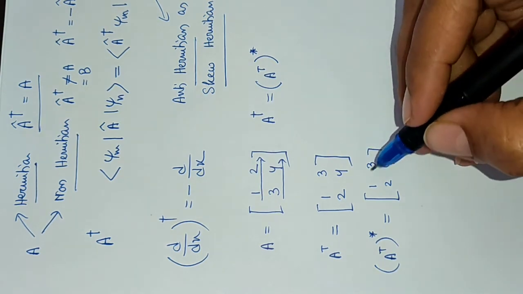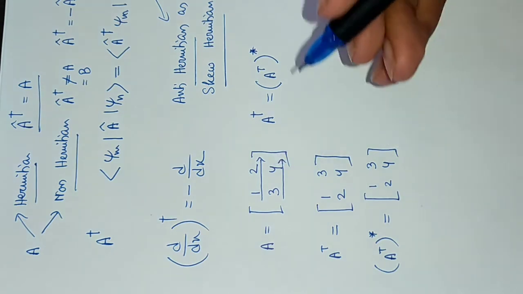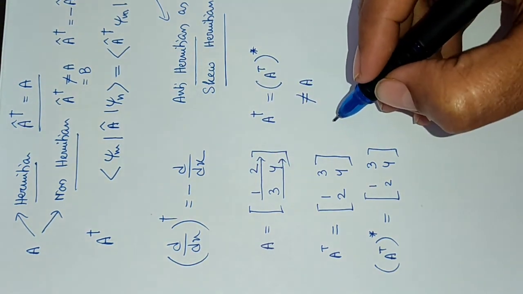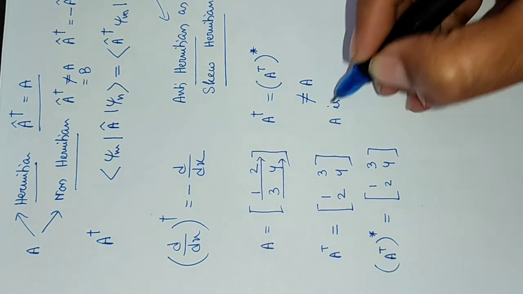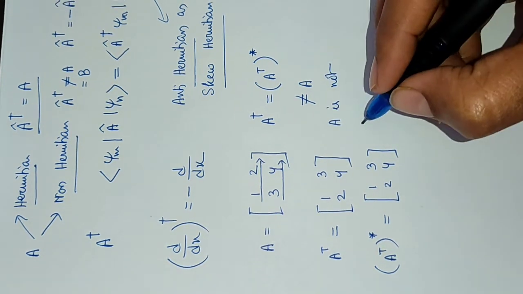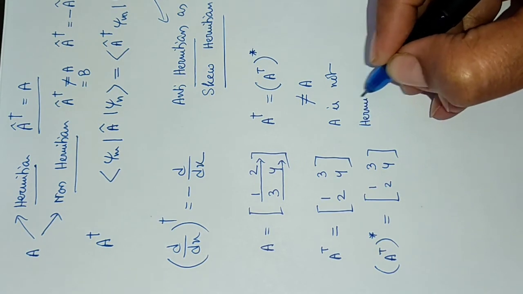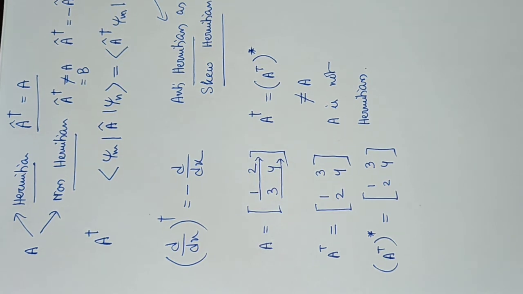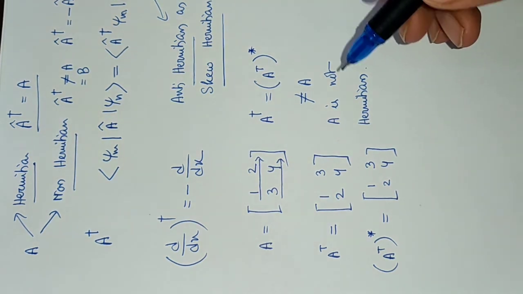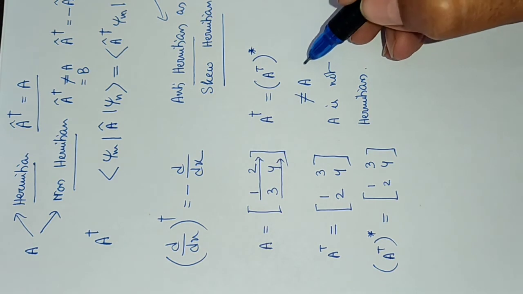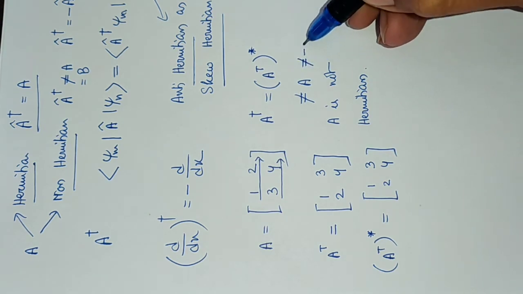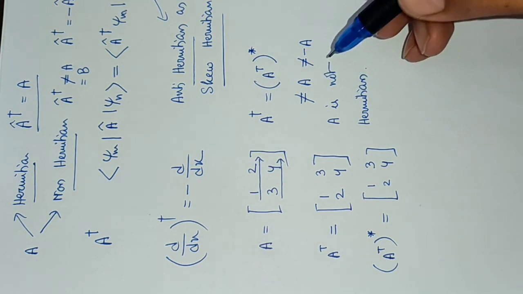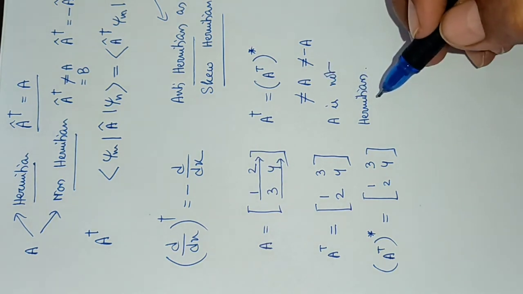Now you can notice that this is not equal to A. So we can say that A is not Hermitian. Also, you can see that it is not equal to minus A. So A is also not anti-Hermitian or skew-Hermitian.